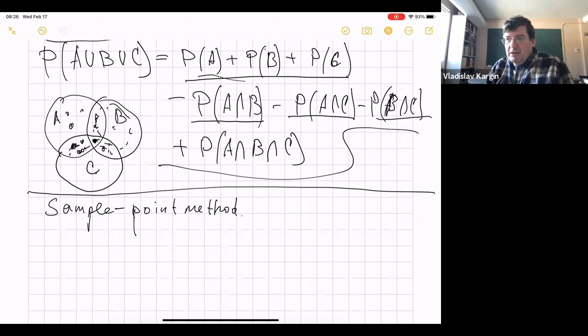The idea is that, in general, you just use this formula.